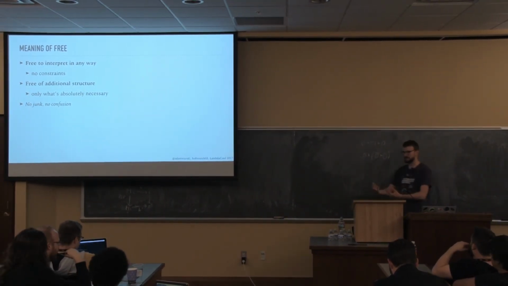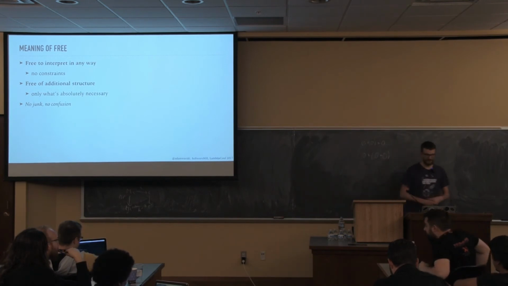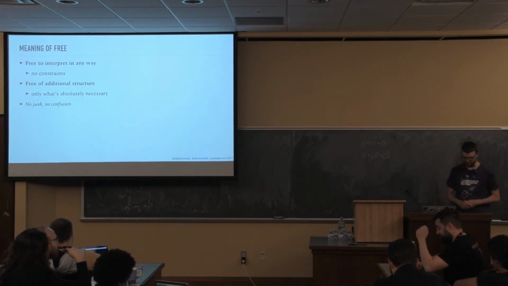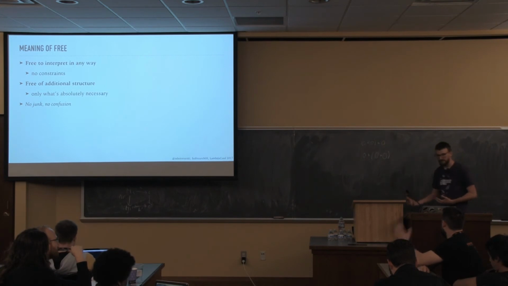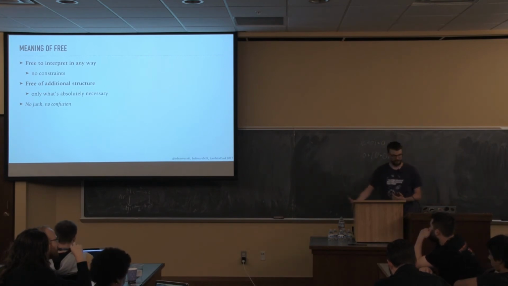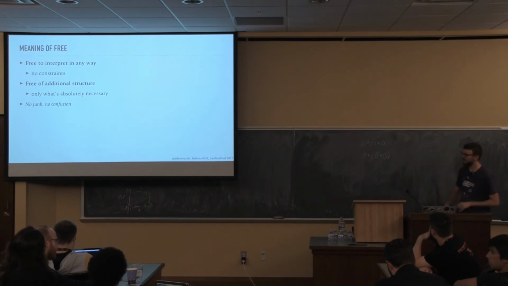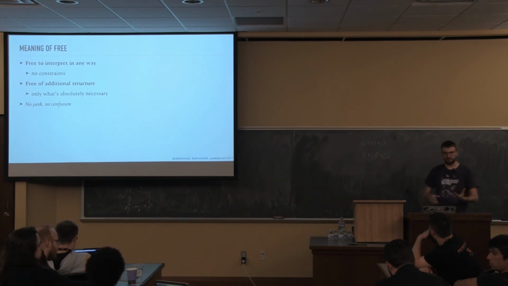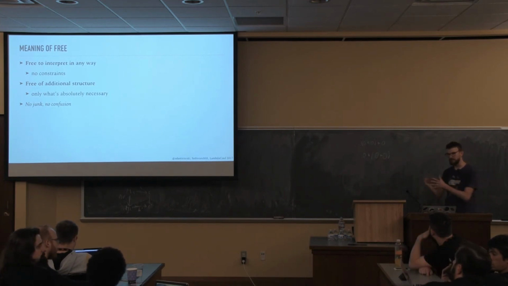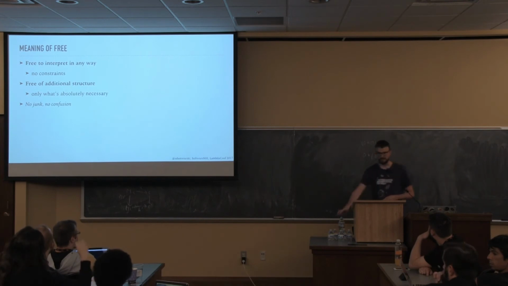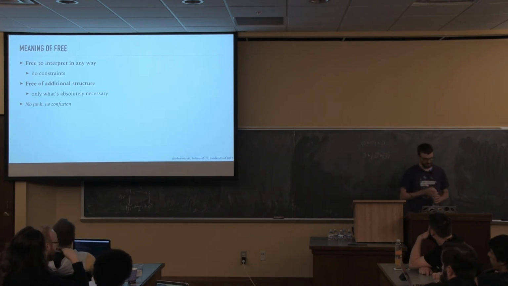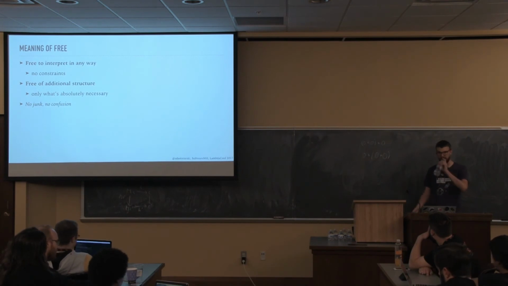There are no constraints, and that's why it's called free. It's also free of any additional structure; it only contains what's absolutely necessary. Following the same names as we have seen in the initiality, there's no junk, so the term algebra doesn't contain any extra elements and doesn't confuse any elements if it doesn't have to. So that's how you can create a free thing for any signature.